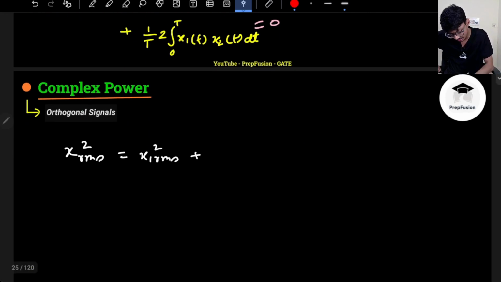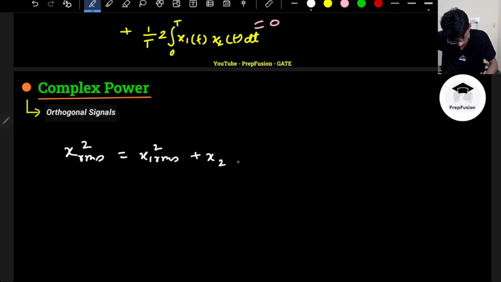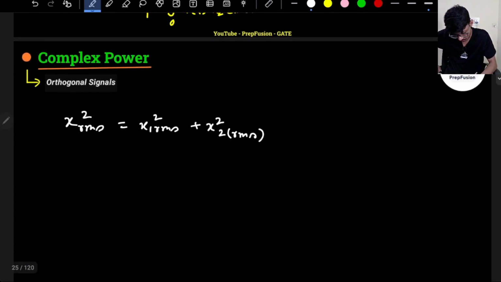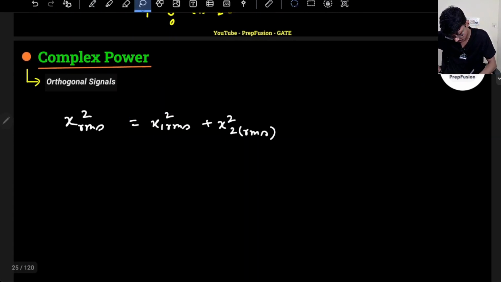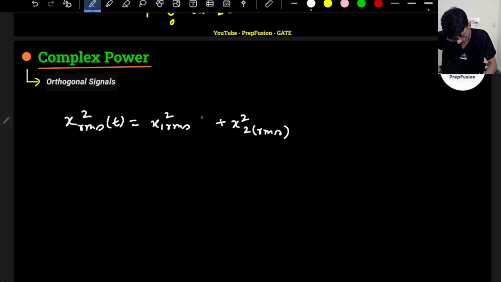Okay, so ultimately this is also equal to x2 RMS whole square. This will be T, this will be T as well.